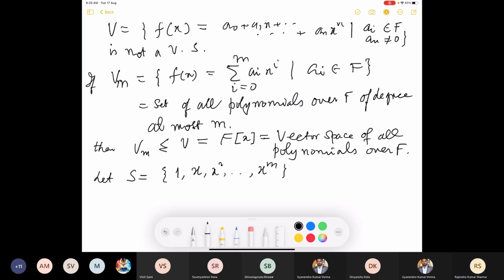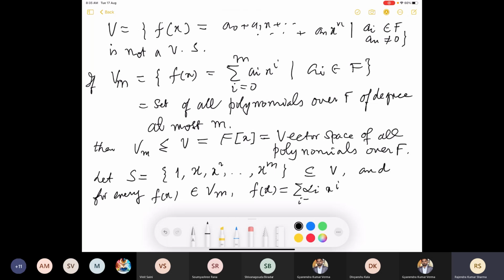So this is a subset of V, and we can also note that for every f(x) in V_m, we can write this f(x) as a linear combination, Σ alpha_i x^i, i from 0 to m, for some scalars, let us take alpha_0, alpha_1, ..., alpha_m from F. So any vector in V_m, which is a polynomial in x of degree at most m, can be seen as a linear combination of 1, x, x square, and x^m.